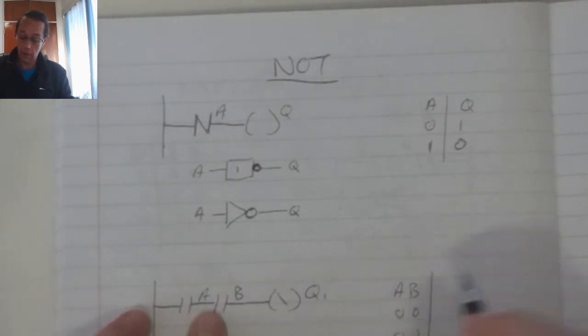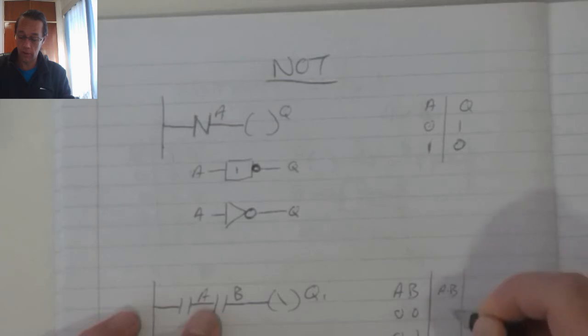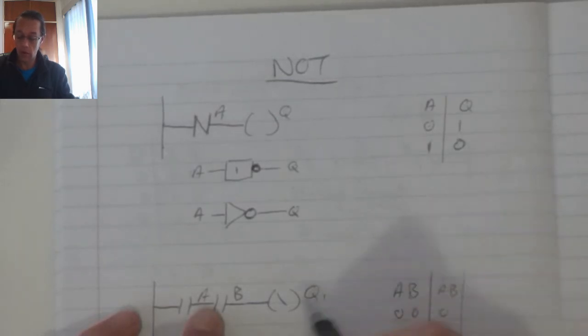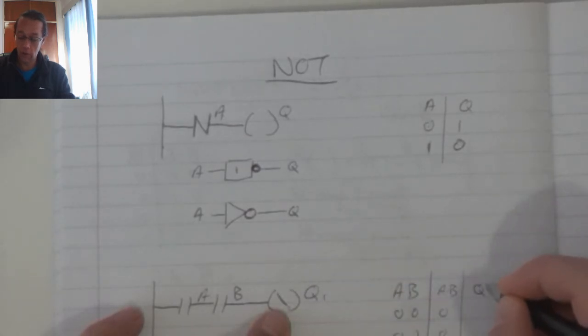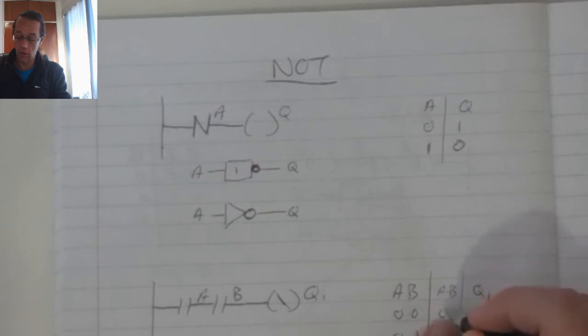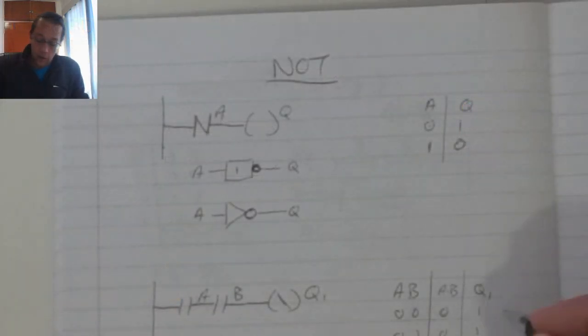As they are in series, they will be ANDed, which will give us 0, 0, 0, 1 over there. But because I have NOTed the output, Q1 will be a 0 turns to a 1, and a 1 turns to a 0, which means that the output will be off whenever all the inputs are on.